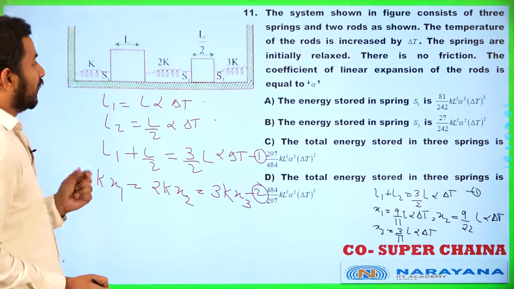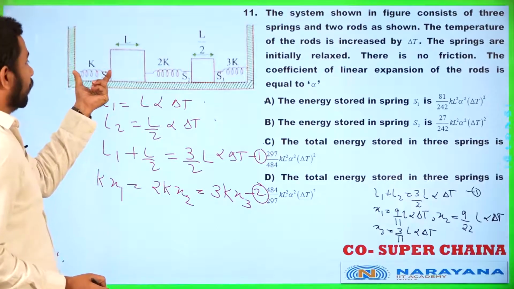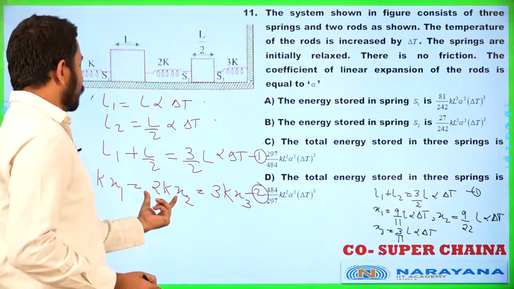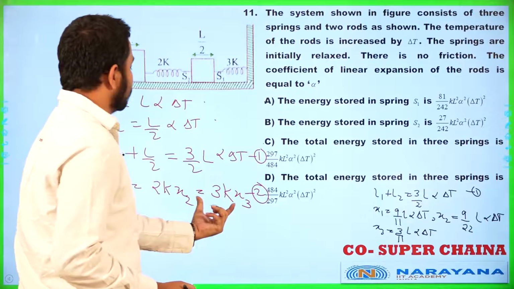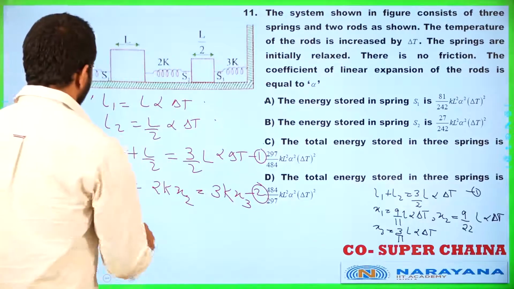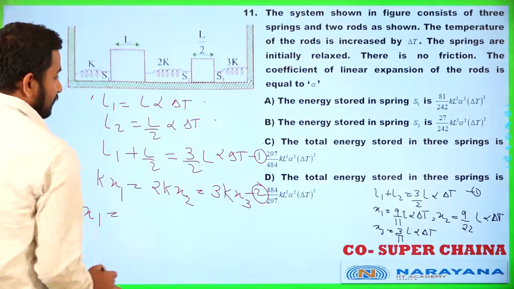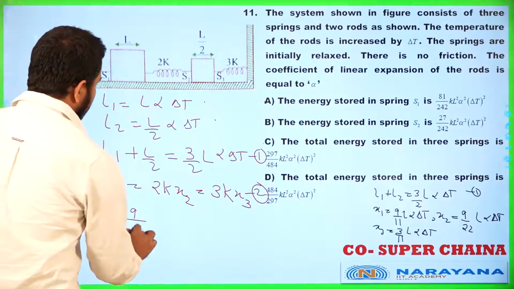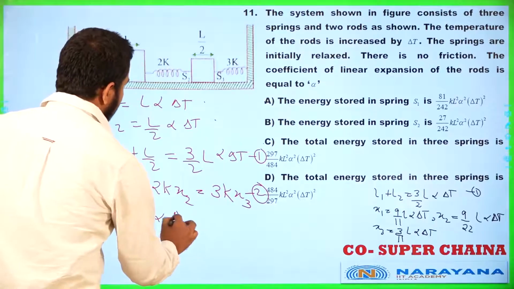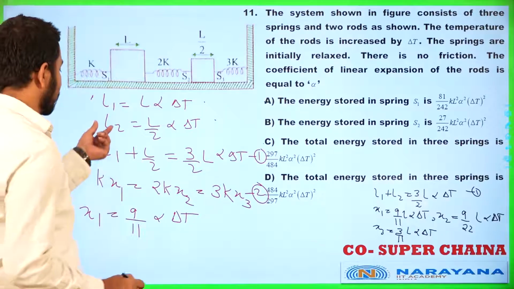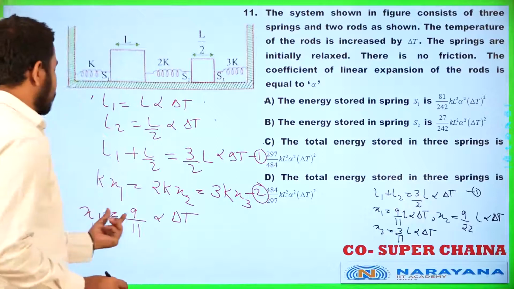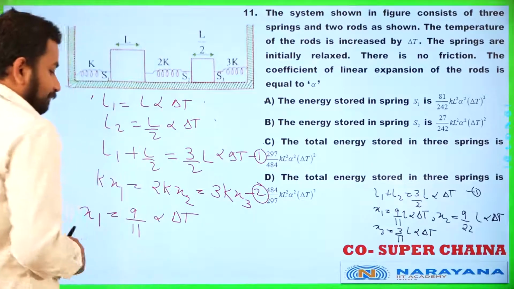From equation 1 and equation 2, the force required will be K into x1, 2K into x2, and for this it will be 3K into x3. So if I solve here, student, I can get x1 as 9 by 11 alpha delta T. Just substitute the value of L1 here, and you will get x1 as 9 by 11 alpha delta T.